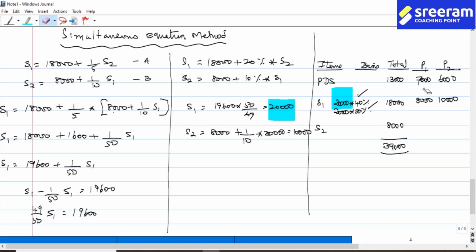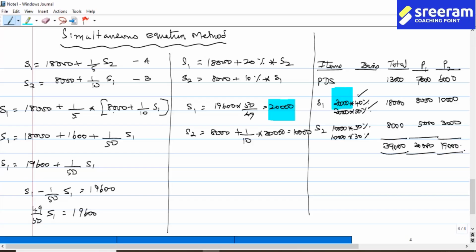Not in all problems will it match. Next, for S2, it is 10,000. 10,000 I will multiply by 50% and 10,000 I will multiply by 30%. That will give me 5,000 and 3,000, and thereby I will be getting 20,000 and 19,000.